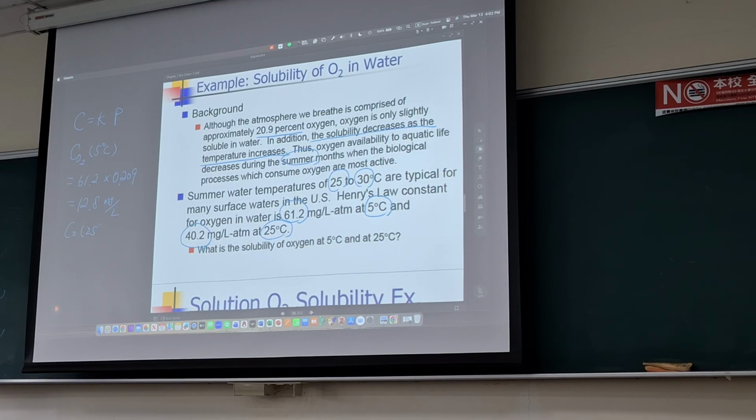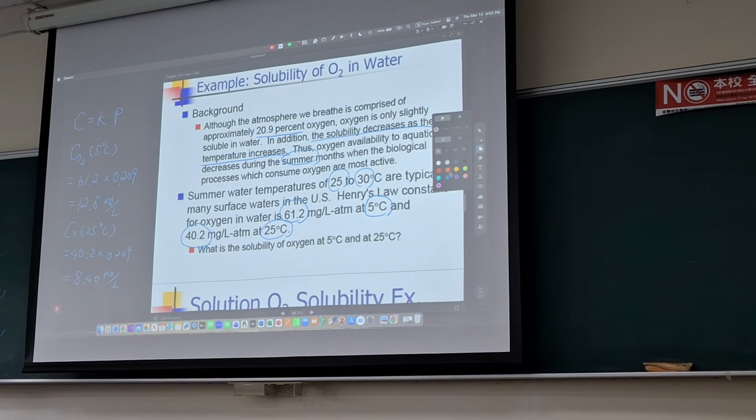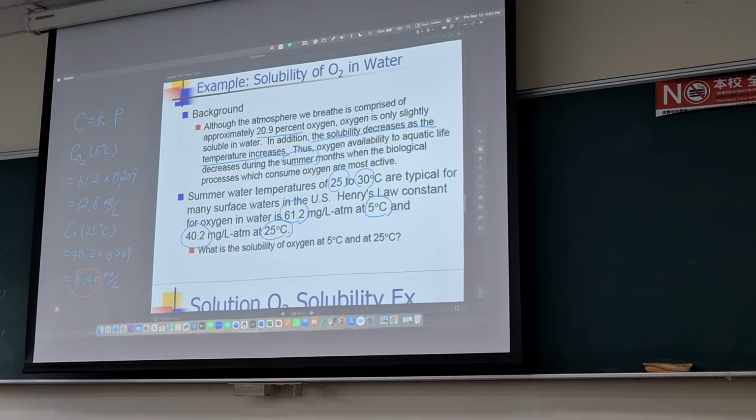At 25 degrees Celsius, it's 40.2 times 0.209, which is 8.40 milligrams per liter. As you can see, the dissolved oxygen decreases as temperature increases, right?